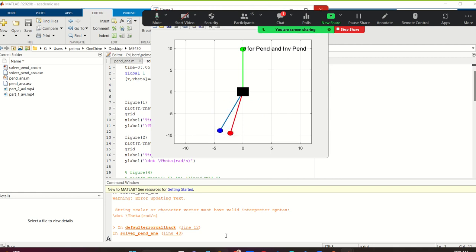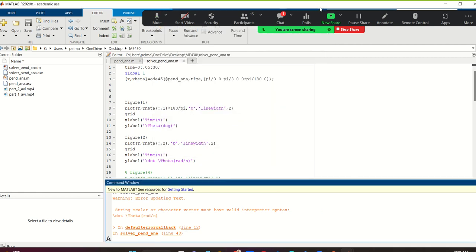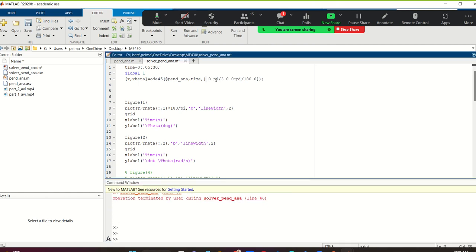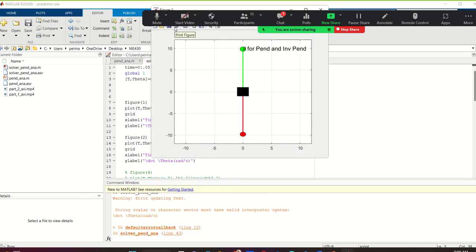Now look at this, very interesting, guys. I'm starting from the equilibrium point of all of them. Here we go, all of them from the equilibrium point. Inverted pendulum, linear, nonlinear. Interesting, right? That's the equilibrium point of the system. It's at rest.